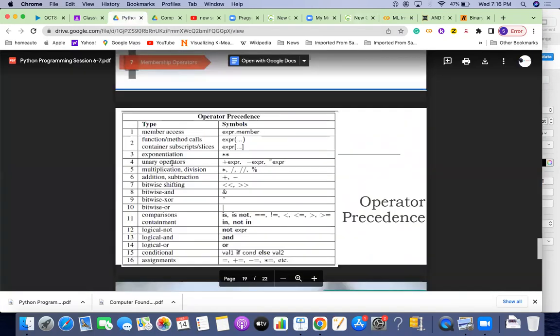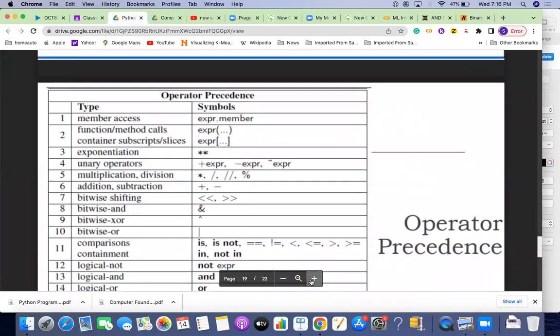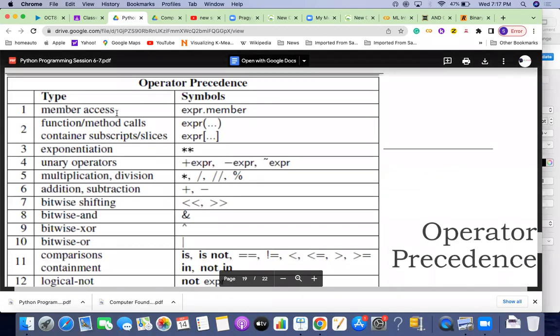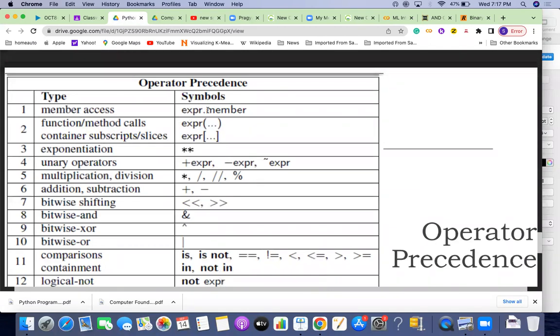There is operator precedence. What is the operator precedence? Is it visible now? Let me make it bigger. The first preference is membership access, meaning any expression dot one will be executed first.